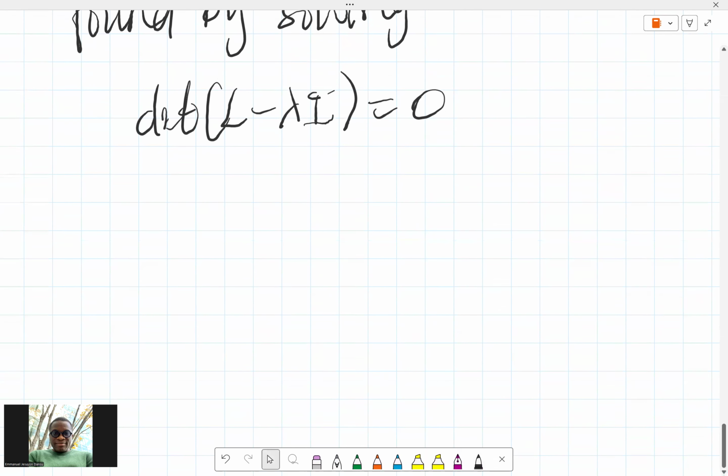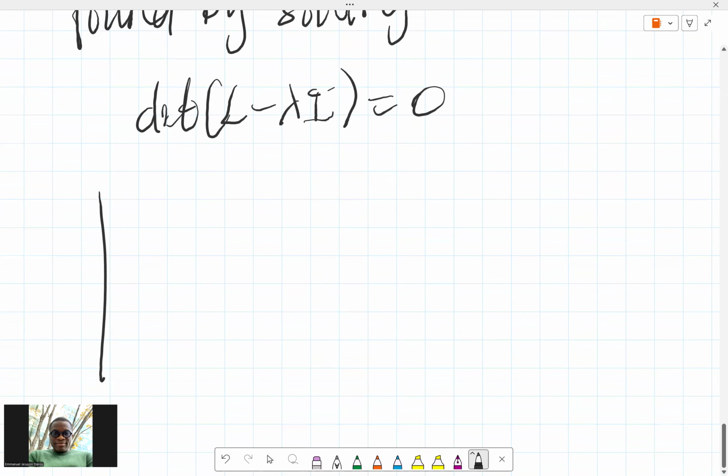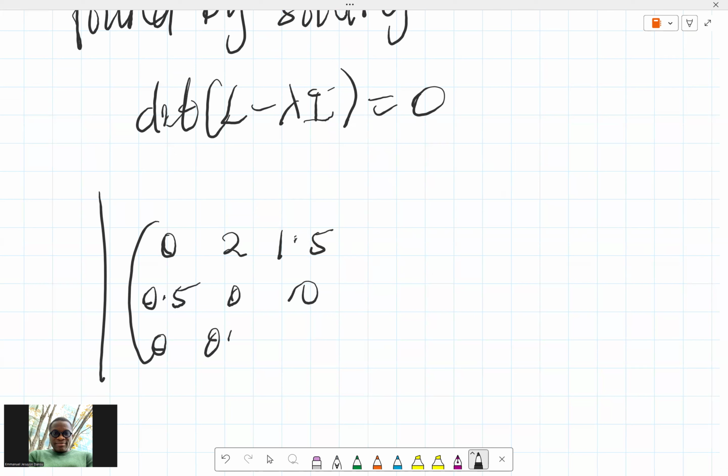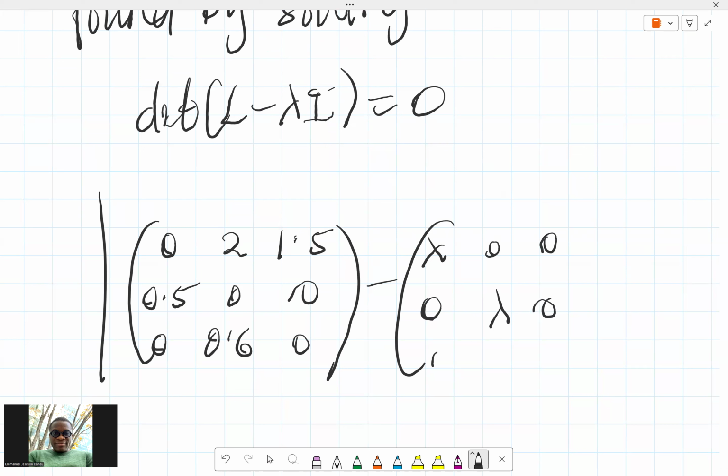So in that case, we simply have the determinant of L minus lambda I, where L is 0, 2, 1.5; 0.5, 0, 0; 0, 0.6, 0, minus lambda. So this is a 3 by 3 matrix now. So we have lambda 0, 0; 0, lambda, 0; and 0, 0, lambda. Okay, that's how that's going to be. And all of this is equal to 0.